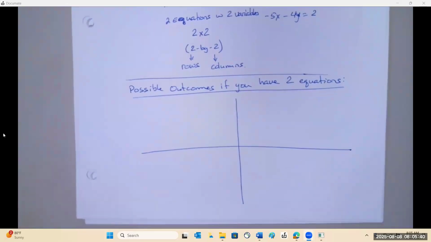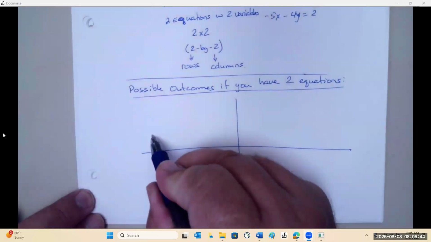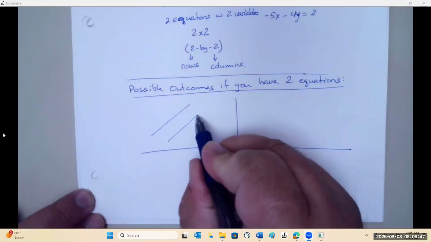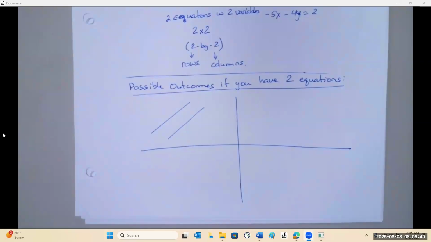There are four possible outcomes. If the lines look like this, what do we call them?